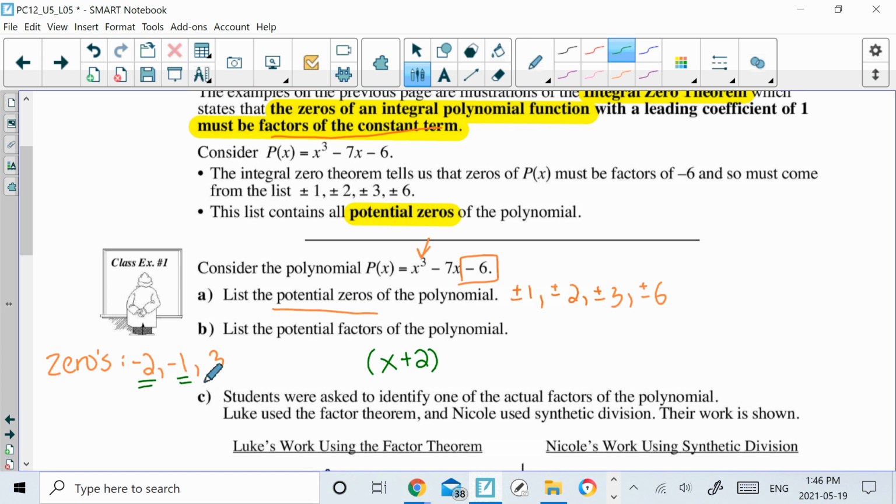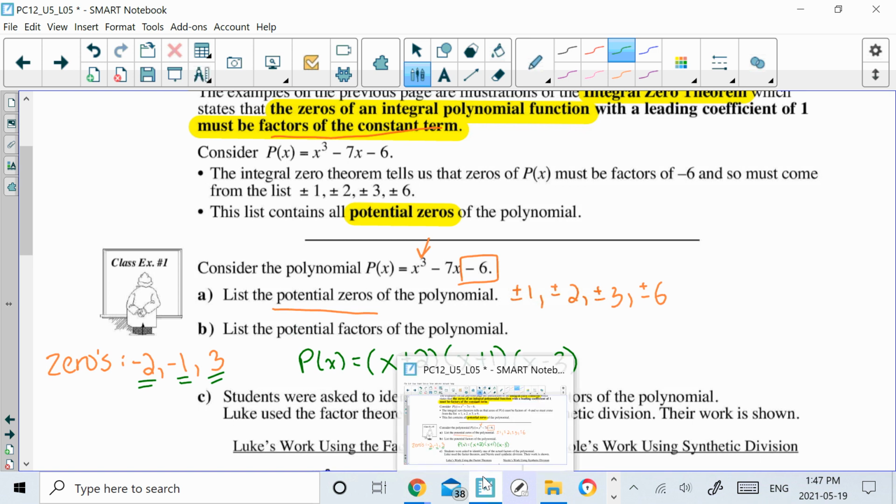In order to get a 0 of -1, x plus 1 must be a factor. And in order to get a 0 of 3, x minus 3 is a factor. I've actually completely factored this polynomial function just by looking at the table.